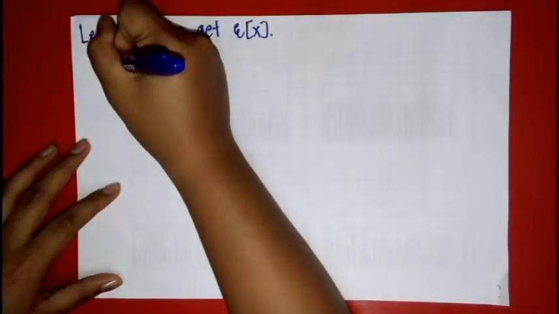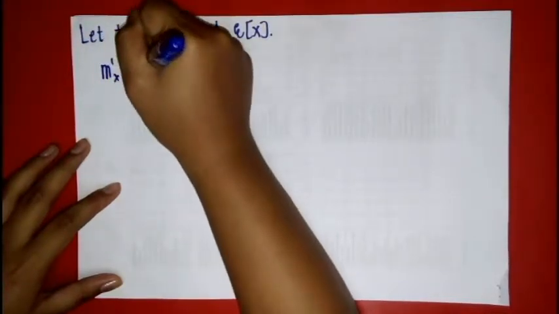We then let t be equal to 0 to get our expected value of x.